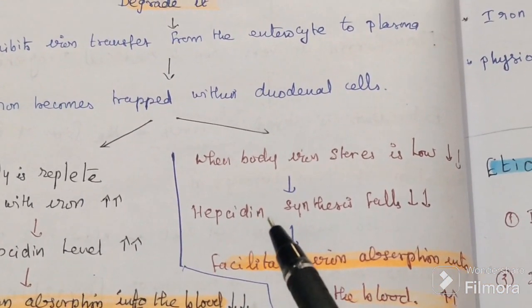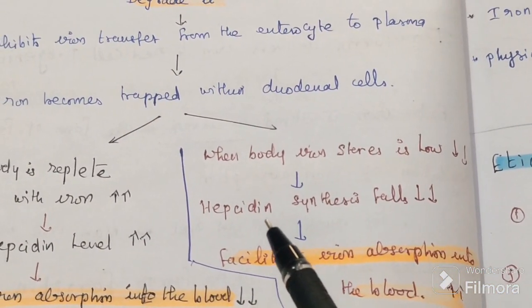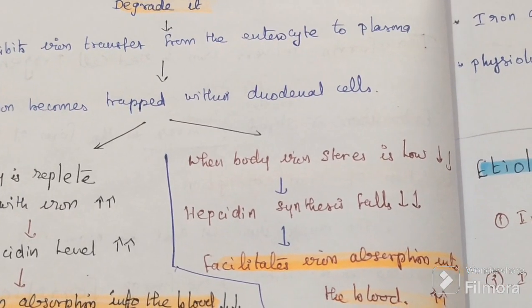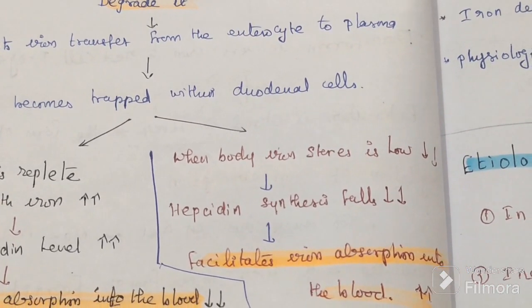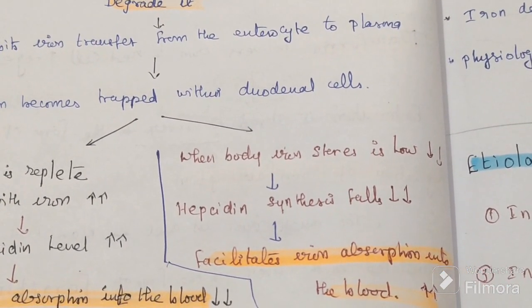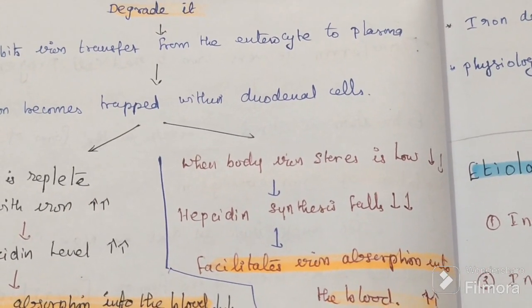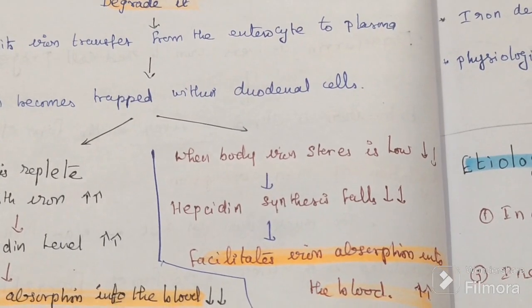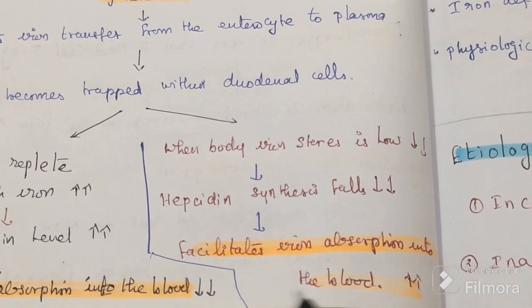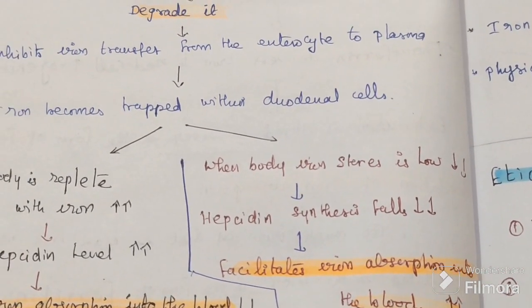Whenever the body has less iron storage, imagine the situation: the liver has less ferritin, so the liver will not synthesize hepcidin, hepcidin will fall, ferroportin will again come into play, and it will increase absorption.